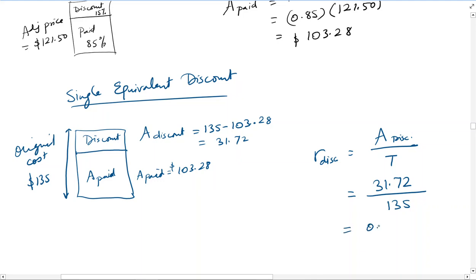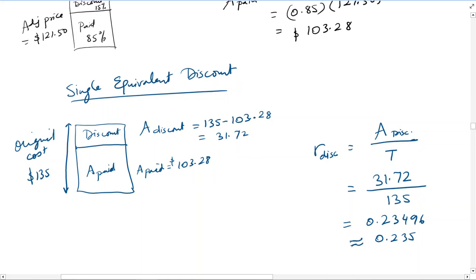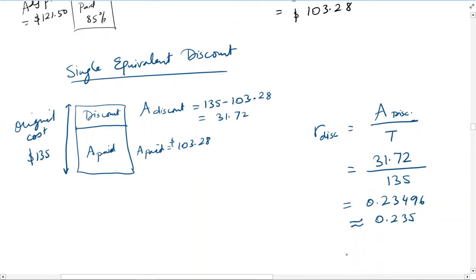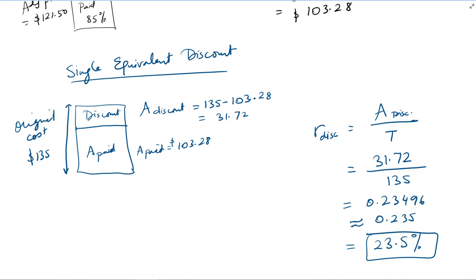In decimal form, you get, in 3 sig figs, 0.235. So in percentage, the single equivalent discount is 23.5% in 3 sig figs.